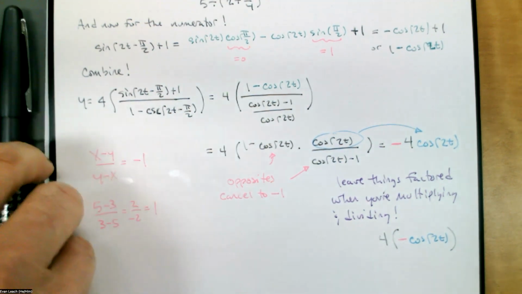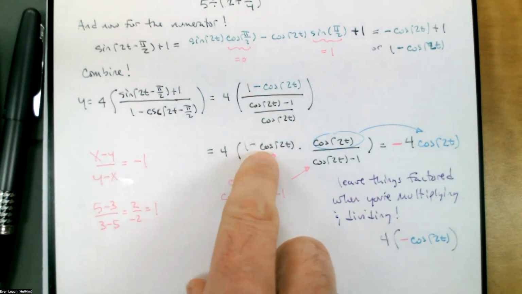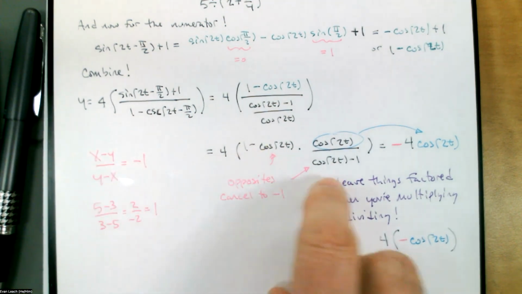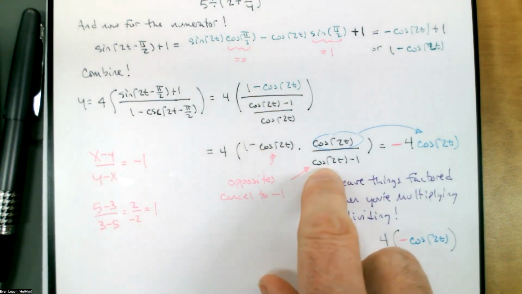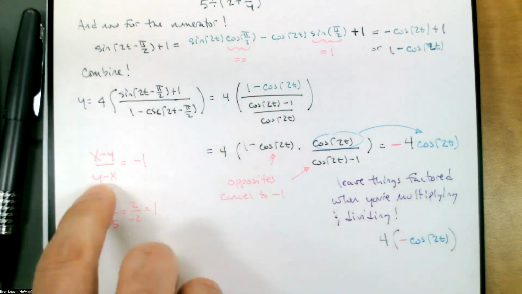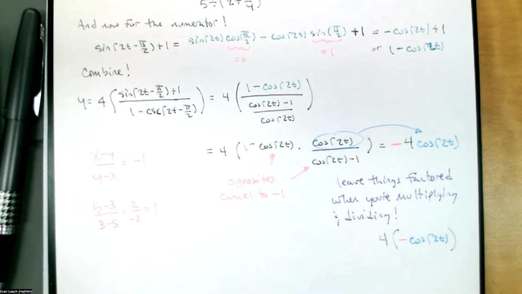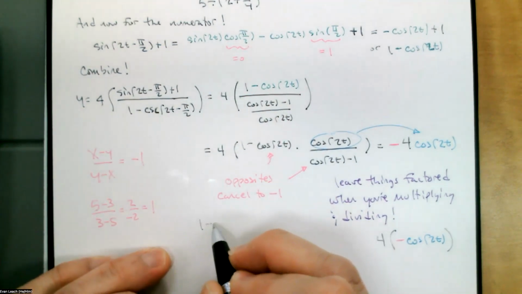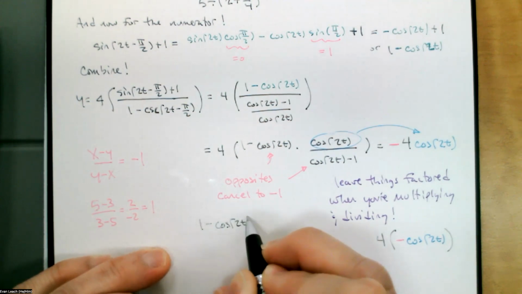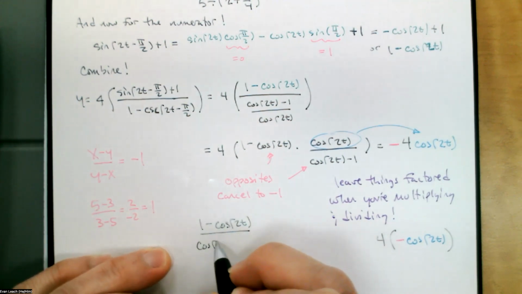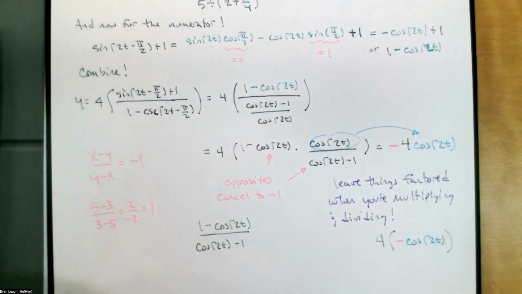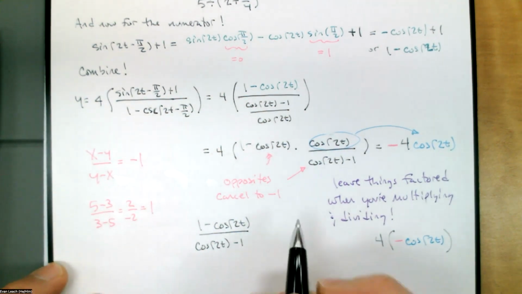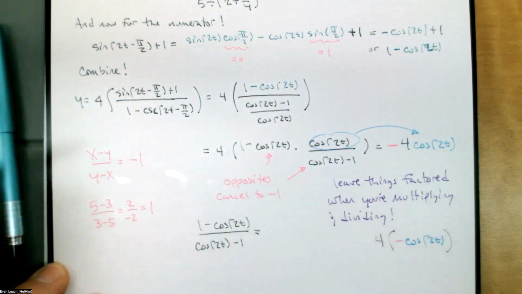They are opposites. I have a positive 1 and a negative cosine of 2t, an x and a y, x minus y. And in the bottom, I have a positive cosine and a negative 1. So that's the form y minus x. So they're opposites. If you change the order in a subtraction problem, you get opposites. You could also think of factoring out a negative 1 from the numerator.